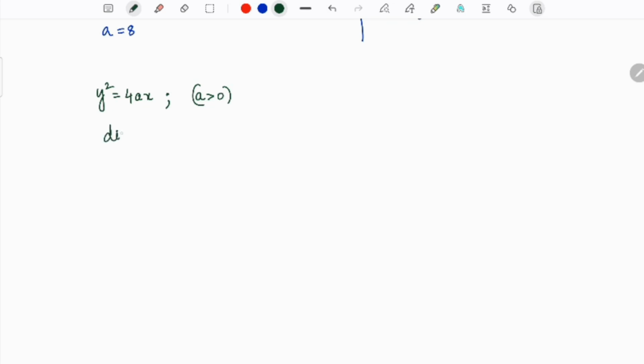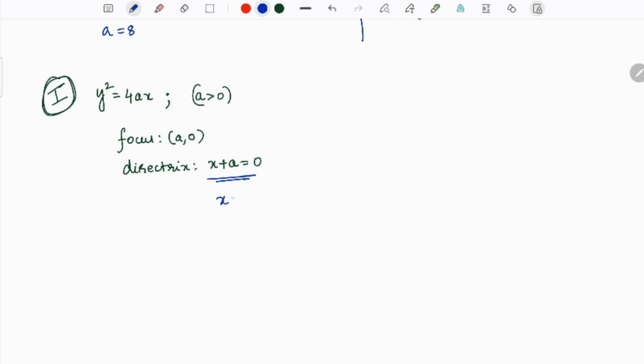Now what is the directrix? See, x plus a is equal to 0. Will it be a horizontal line or vertical line? So x is equal to minus a. That means definitely this is in the form of x equal to constant. So it is a vertical line. All right. So I have the directrix, a vertical line now, x equal to minus a.